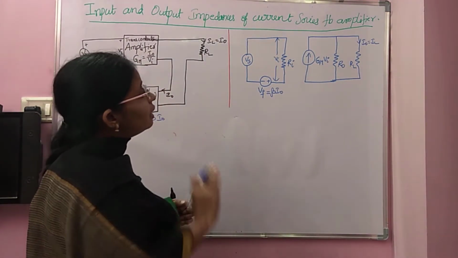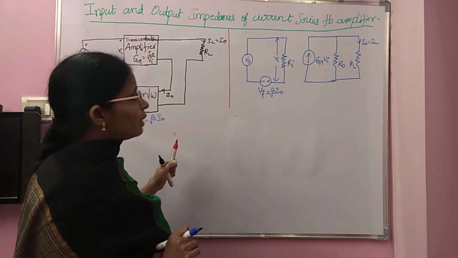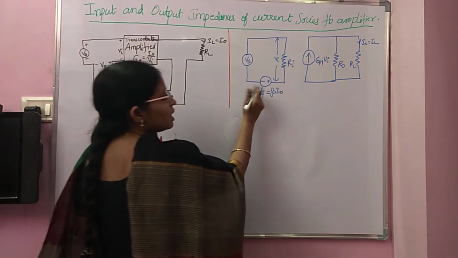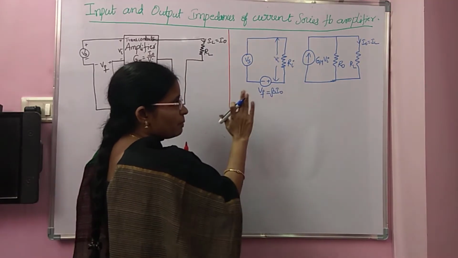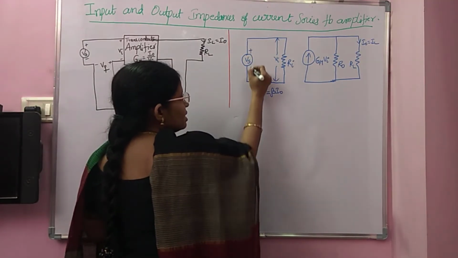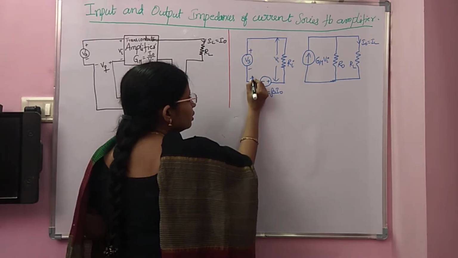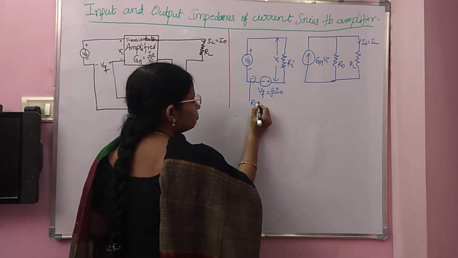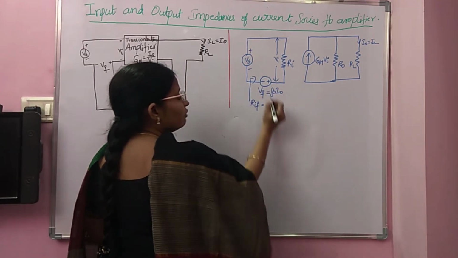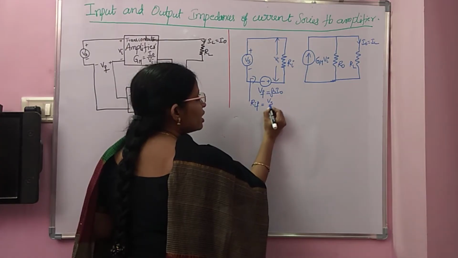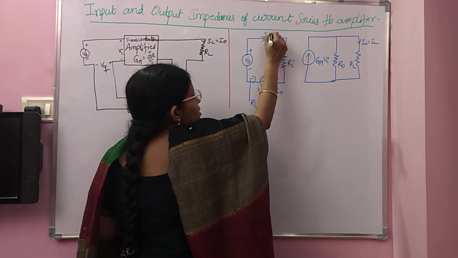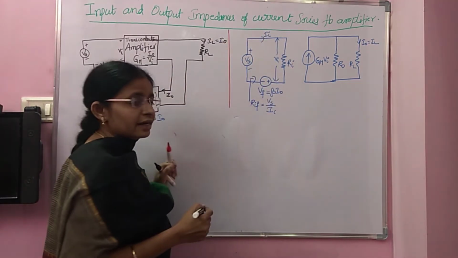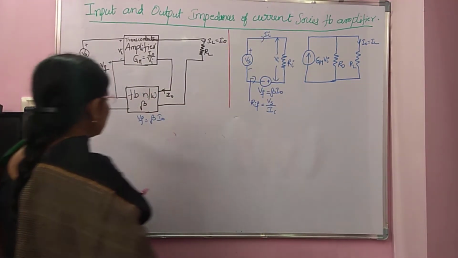Okay, so now let's see what is the input impedance. After the addition of this feedback, this becomes a feedback circuit. So that is the reason you have to mention RIF here. So what is RIF? RIF is Vs by Ii. What is Ii? The current in the input circuit is Ii.